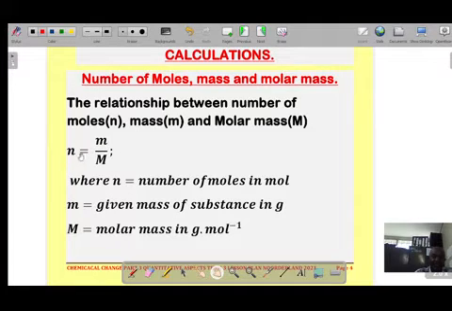Now this n can also be gotten in other ways, as we're going to see in this particular topic. Because chemistry is a chemistry of moles, we have so many ways of getting moles, as we're going to see shortly. Let us proceed.